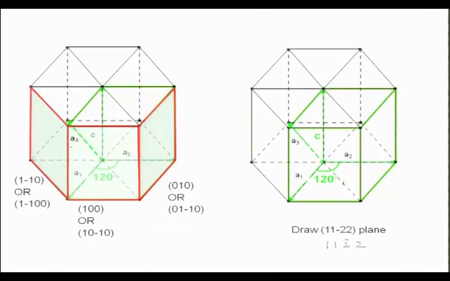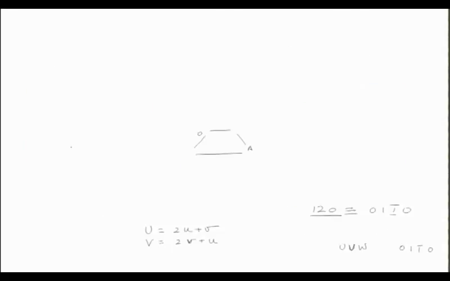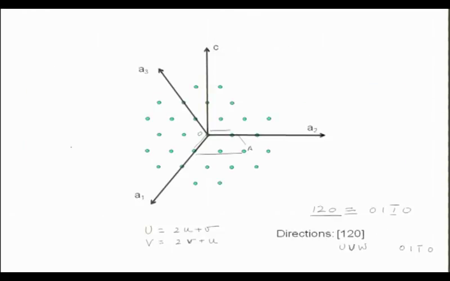Okay. So, in the previous case, I showed you how you draw the plane in the 4 coordinate system, and in this slide I showed you how to draw the direction in 3 coordinate and 4 coordinate system. So, the home exercise would be for you. For example, you can try drawing (1 0 0) plane, (0 1 0) plane.